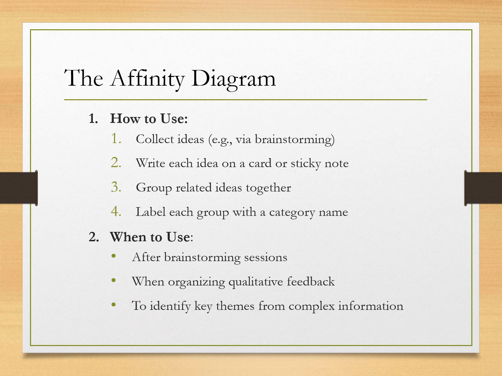We spread all the sticky notes out on the wall or table, and then we start grouping the ideas together. The key here is to work silently at first. Don't overthink it. Just go with your gut about which ideas seem related. And once we've got the groups, we label each group with a category name that captures the essence of these ideas.